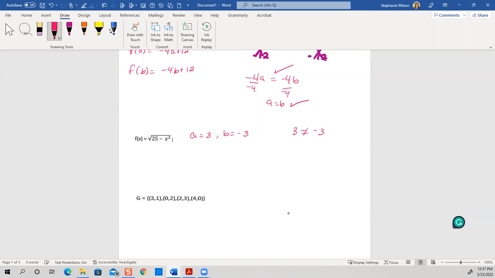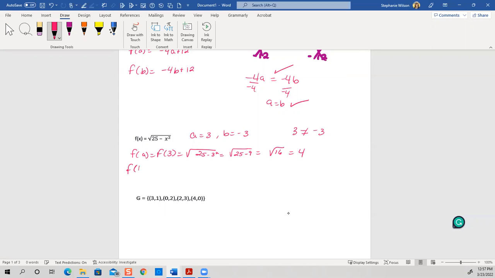So let's try it. F of A, which is F of 3, we plug in 3 squared, which gives me 25 minus 9, which is 16, the square root of which is 4.